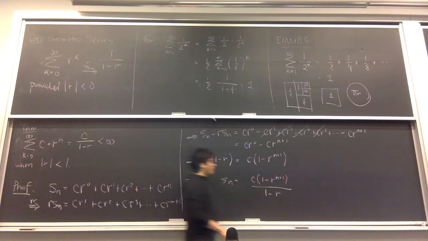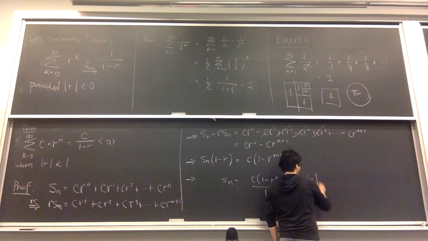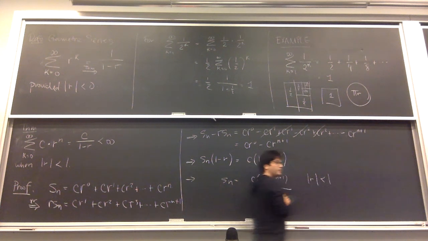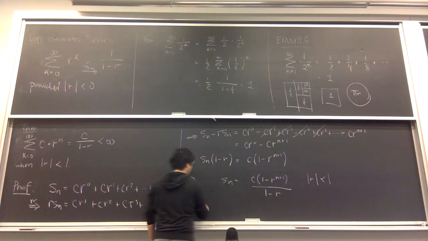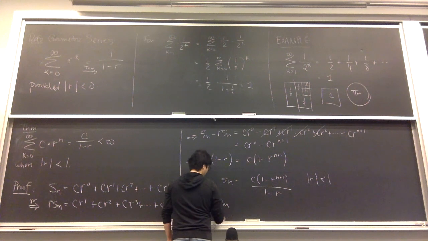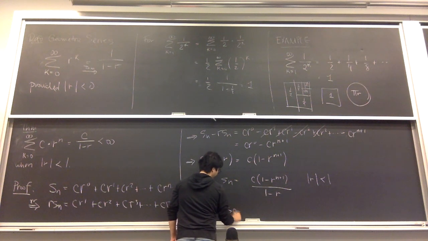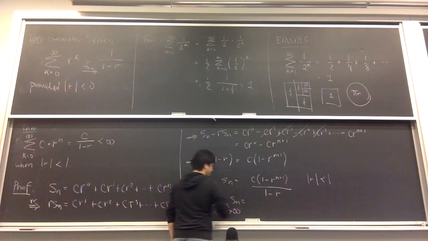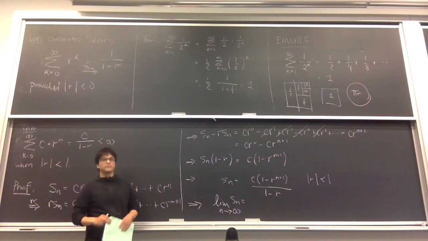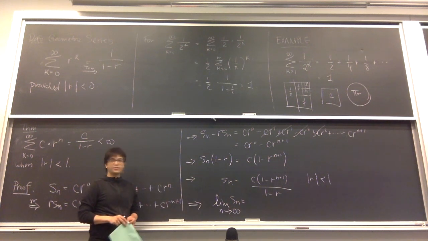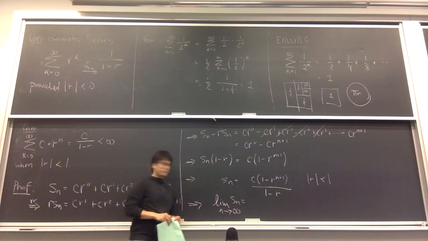Now, recall, we have r is less than 1 in its absolute value. What does this mean about the limit as n goes to infinity of that partial sum? r^(n+1) approaches 0. What approaches 0? The value, since r is smaller than 1, it's a fraction.